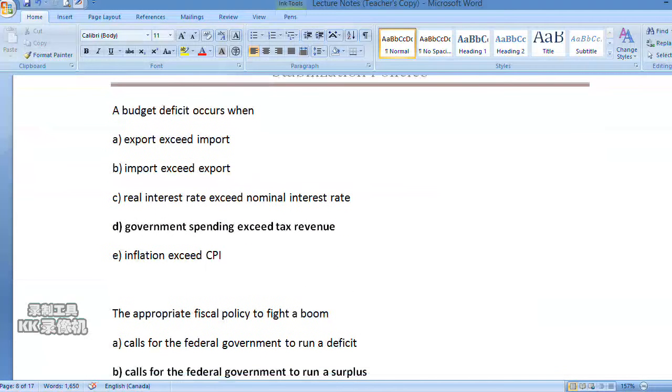A budget deficit occurs whenever tax received minus government spending is negative. So you can say whenever taxes received is less than government spending, or you can also say whenever government spending is greater than taxes.